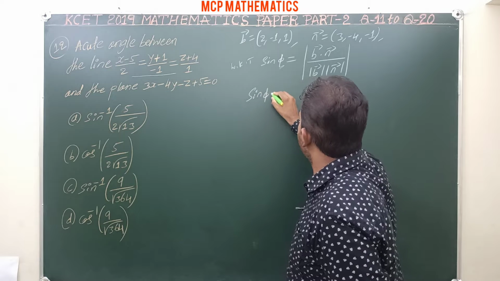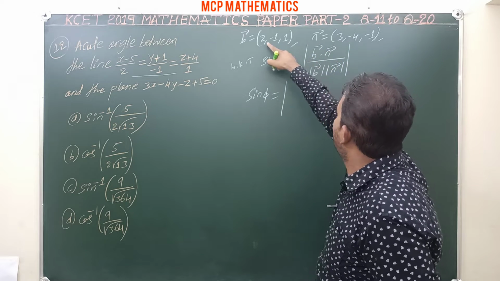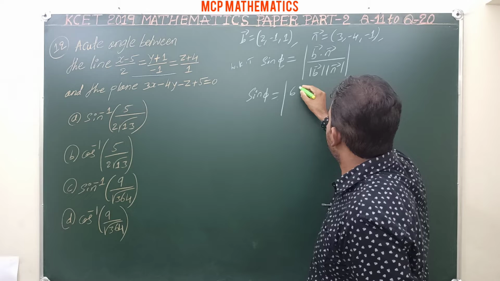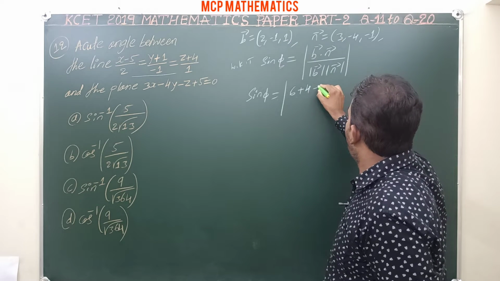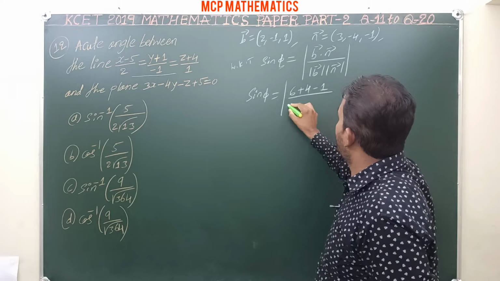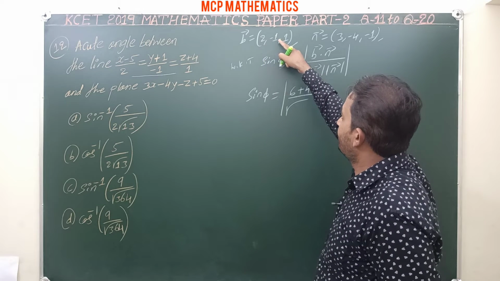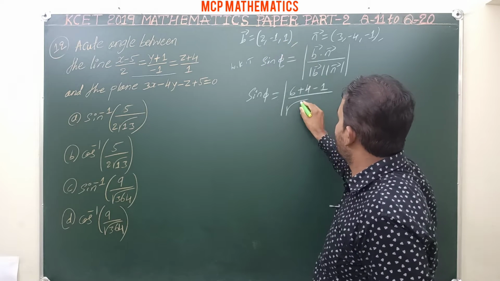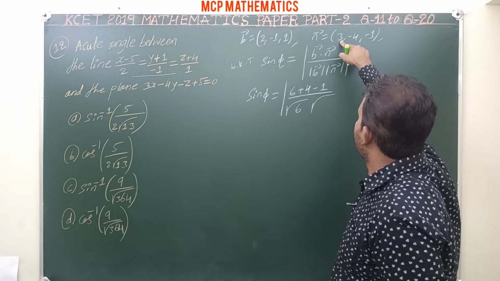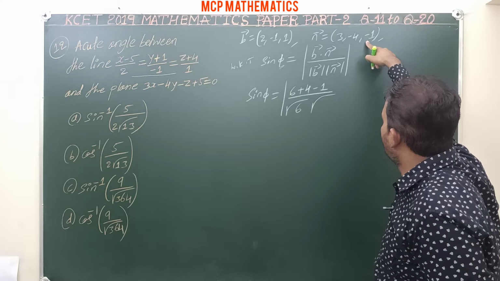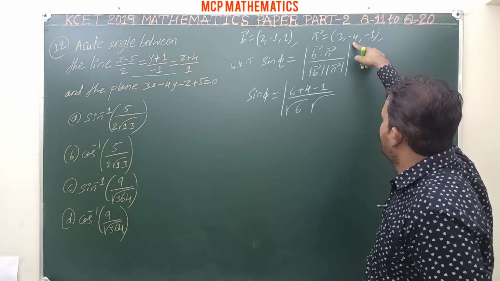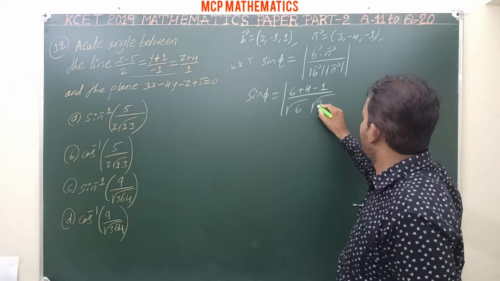sin φ is equal to B dot n, nothing but 2 into 3 is 6, minus into minus plus 4, next minus 1, divided by magnitude of B, which is 2 square 4 plus 1 square 1 plus 1 square 1, that is 6, into square root of 3 square 9 plus 1 square 1 plus 4 square 16, it becomes 26.